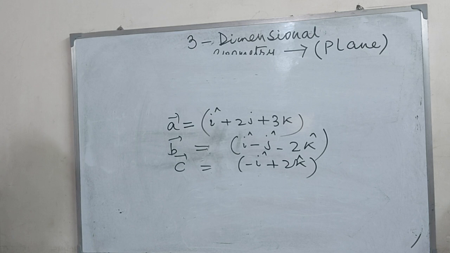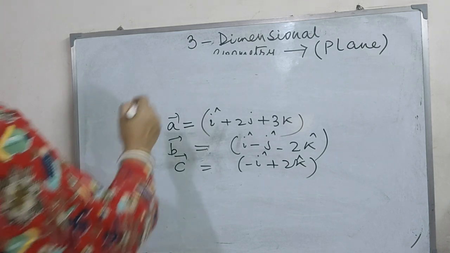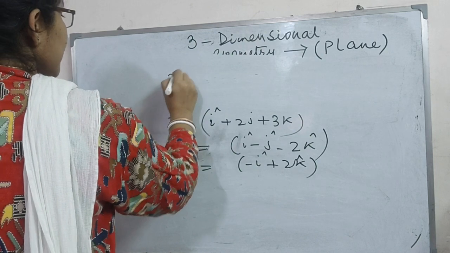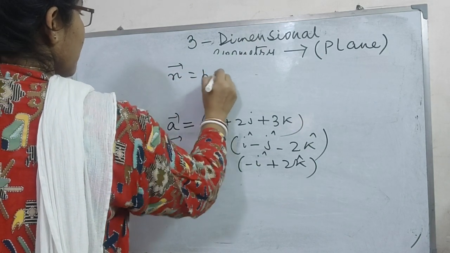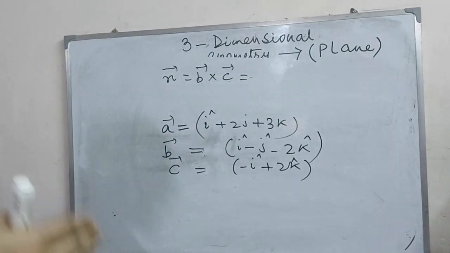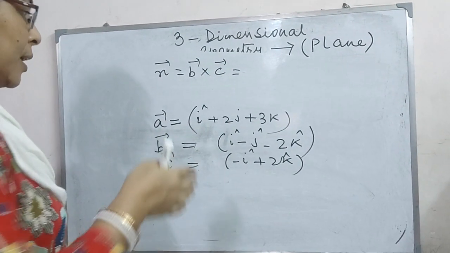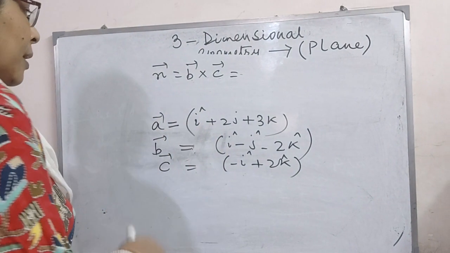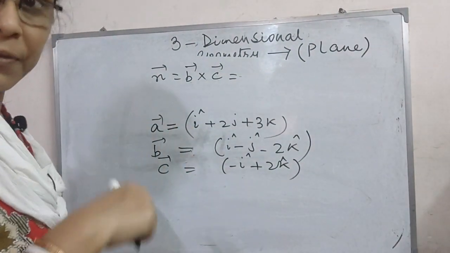And the given plane is perpendicular to the vector n equal to b cross c. From here I will do this sum by following the previous sum.